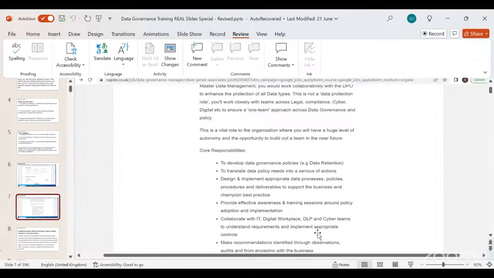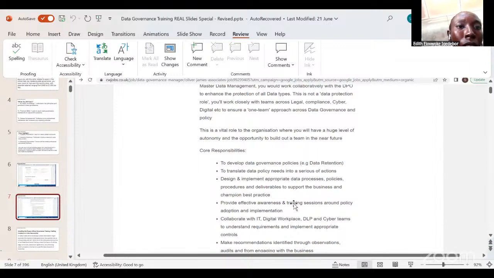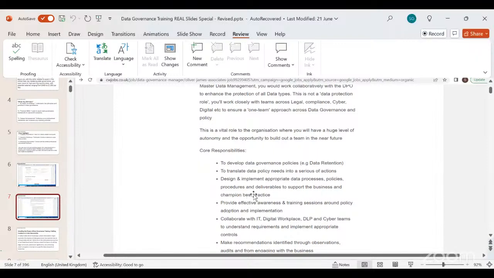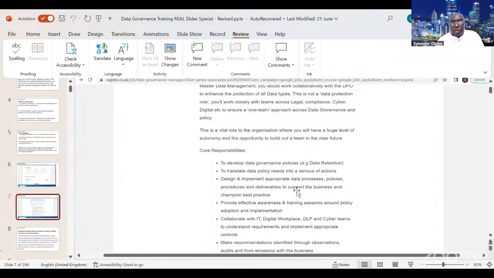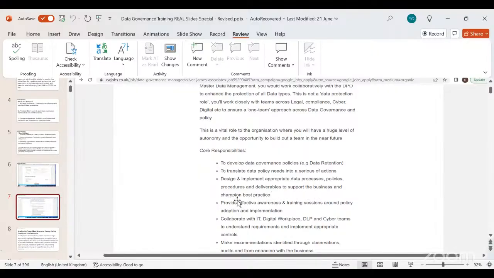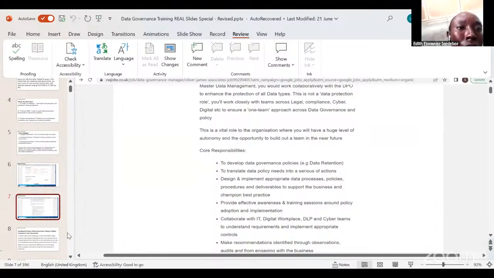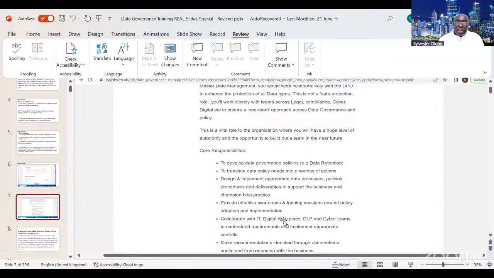Design and implement appropriate data processes, policies, procedures, and deliverables to support the business and champion best practice. So now look at policies, processes, procedure, deliverable, support, and look at what? Best practice. Did you see that now?